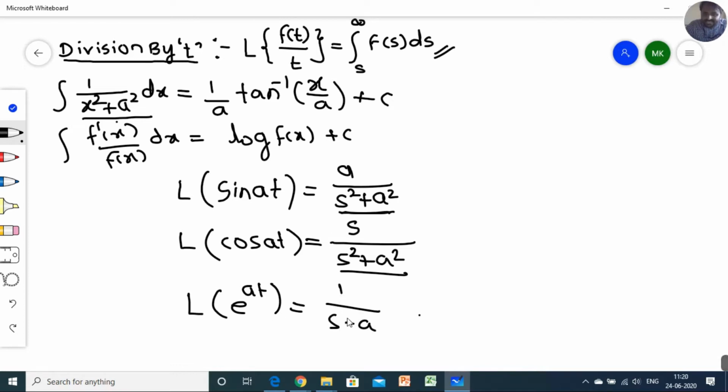So the second formula is used whenever we have to calculate the Laplace transform of cosine as well as the exponential. So for sine terms you have to remember the first formula, and for cosine terms and exponential you have to remember this formula: the integral of f dash of x upon f of x into dx is equal to log of f of x.